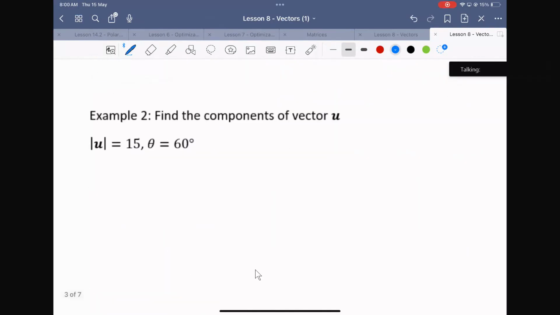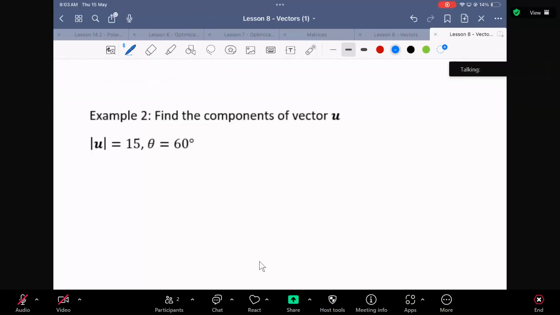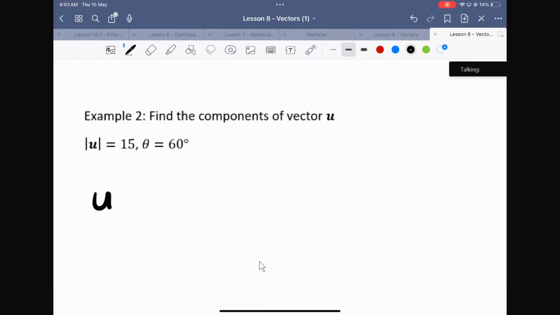Have a go at finding the components of vector u using the information given here. You can work together in pairs. So we want to create the vector u. This is going to be the magnitude of u multiplied by the vector cosine theta, sine theta.